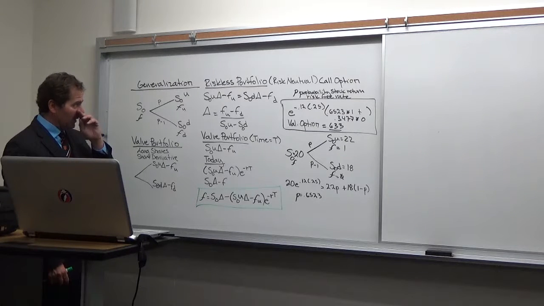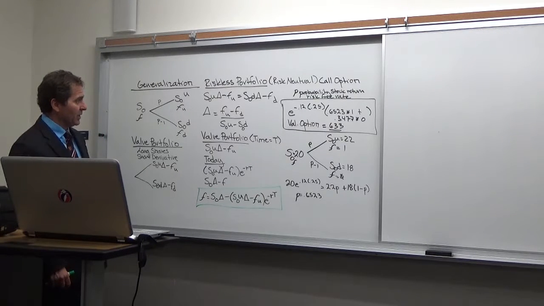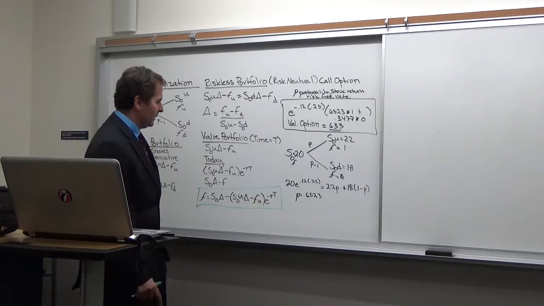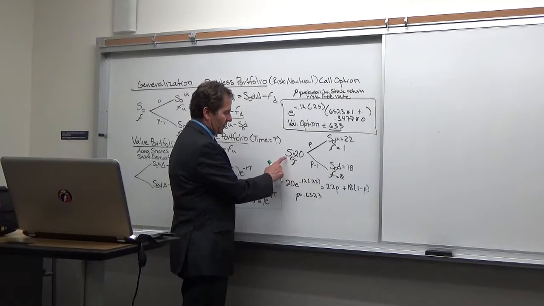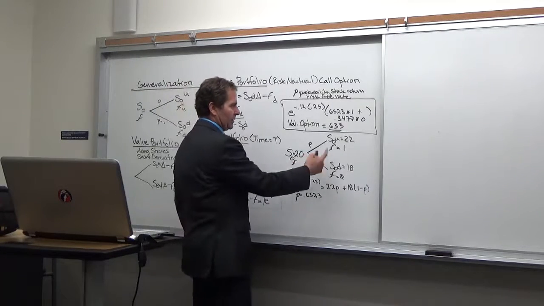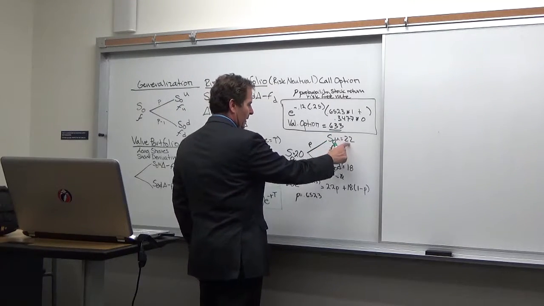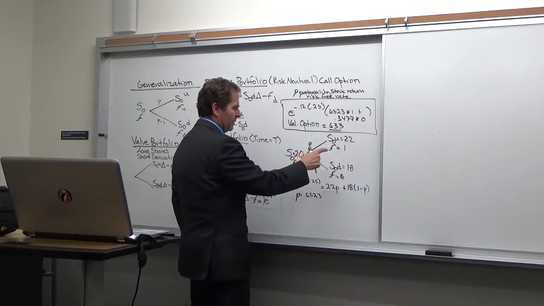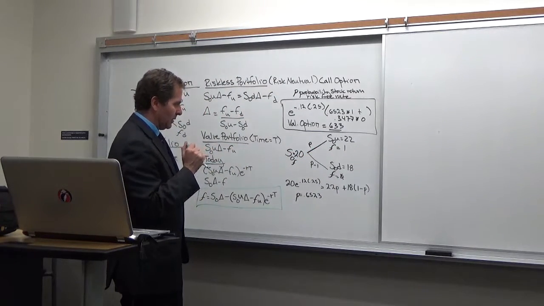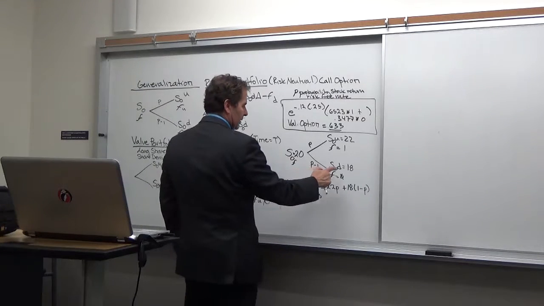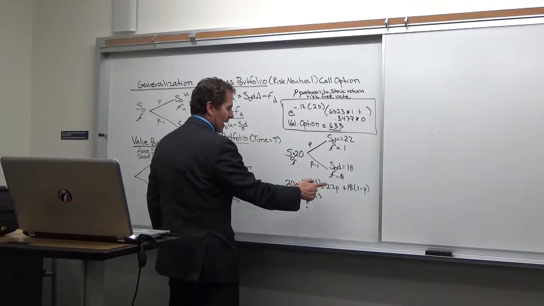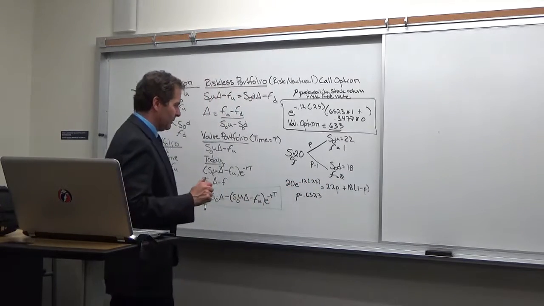So an example of a riskless portfolio or risk-neutral scenario: we know that the current stock price is 20. The stock price on the up is $22. The option contract price is $1. When the stock price is 18 on the down, the option price is 0.